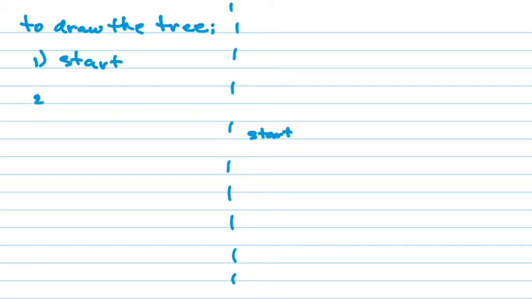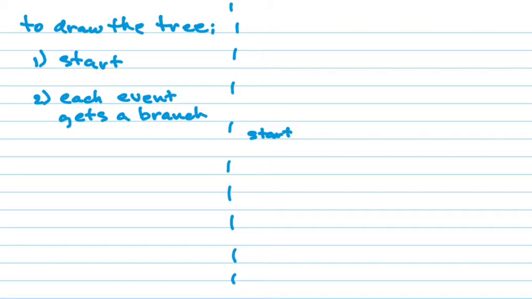And then each event, what's an event? An event is a thing you get. Rolling a 6 is an event. Remember that? So each event gets a branch.